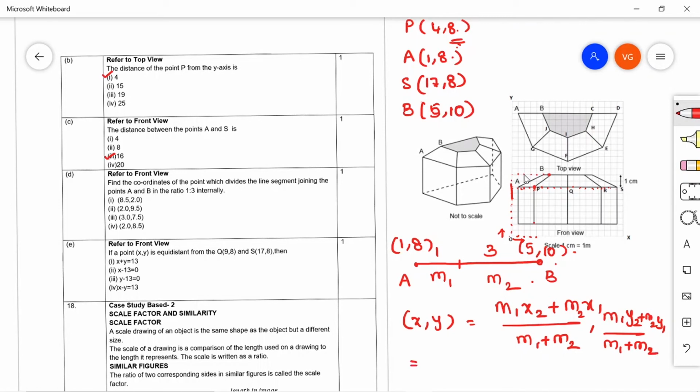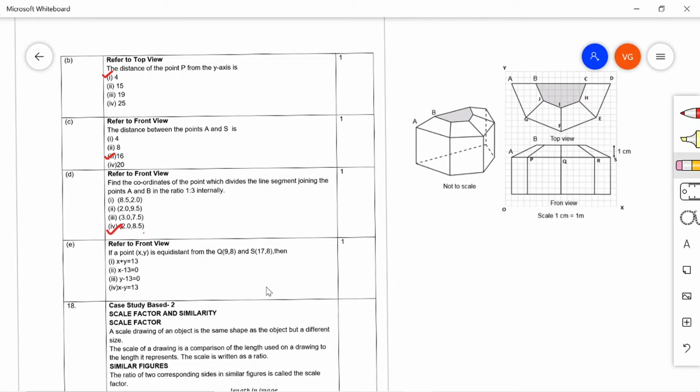If you substitute, this will be 1 into 5 plus 3 into 1 divided by 1 plus 3, 4, comma 1 into 10 plus 3 into 8 divided by 4. So this will be 5 plus 3, 8 by 4. So 2, comma 10 plus 24, 34 divided by 4. Let us see where the point is here. 2, comma 34 by 4 means it will be 8.5. So let us check. 2, comma 8.5. So option D, option 4 is correct for question number D here.